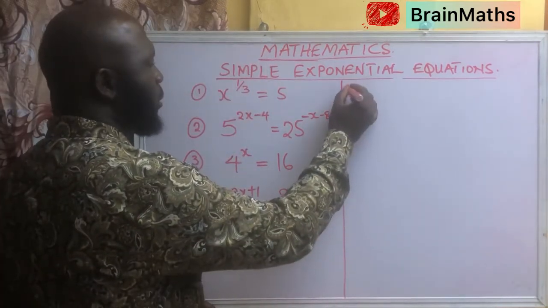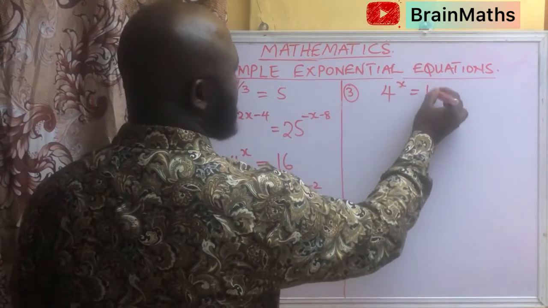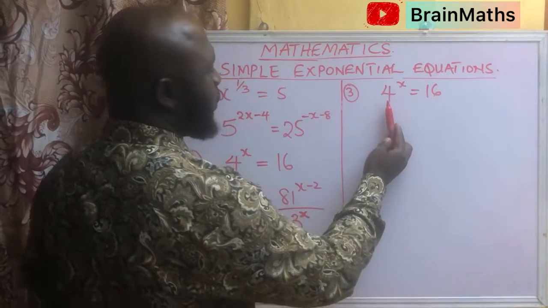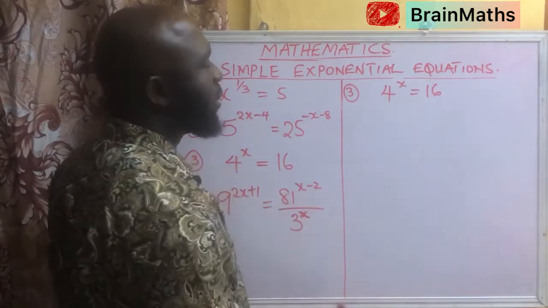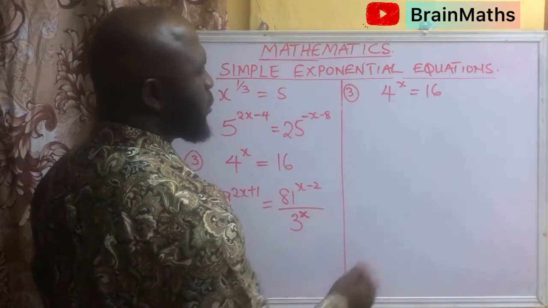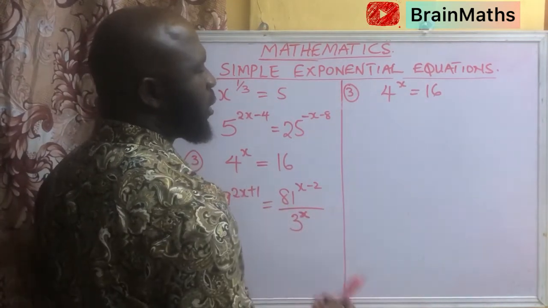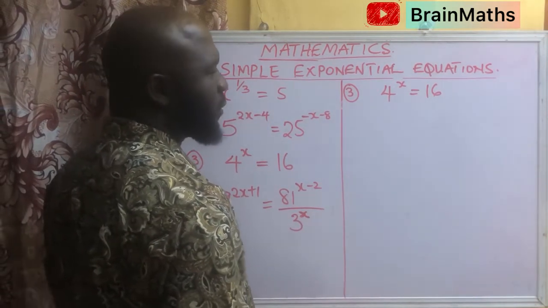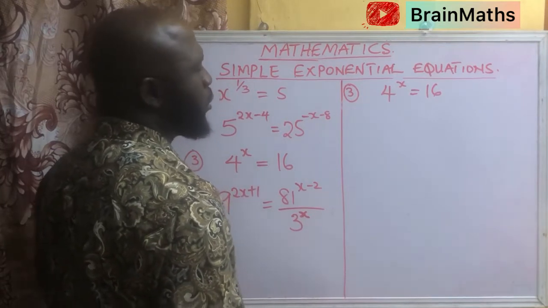Question number 3 says 4 raised to power x equals 16. On the left hand side, we have 4 raised to power x, and on the right hand side, we have 16. So how do we write 16 to look like this? We think of how many times we are going to multiply 4 by itself to get 16, and that is 4 raised to power 2.